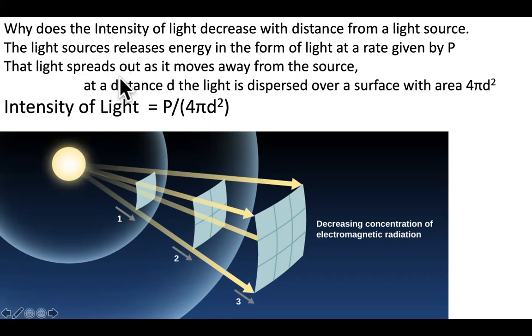Now, if you're a distance d from the source, the area the light is spread out over is basically a sphere of radius d, which means that at a distance d from the source, you're over a surface area of 4 pi d squared. So the intensity of light is just the power, that is the amount of energy released every second from the source, divided by 4 pi times the distance squared.